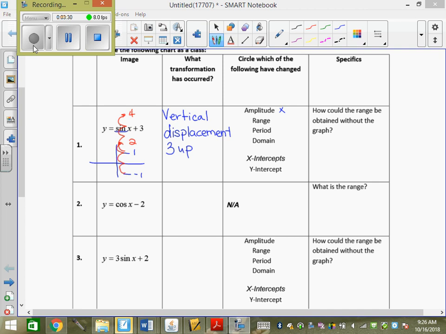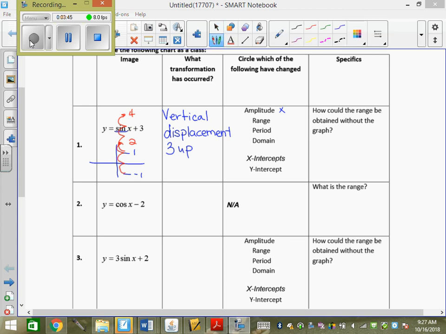Type in your calculator, y equals sine x plus 3. So we get 2 to 4.